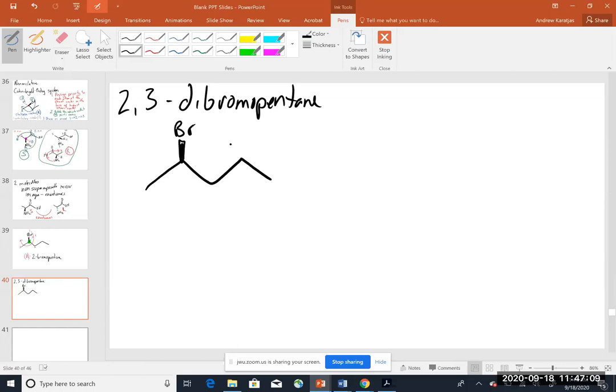And we're going to start with one of the isomers. Again, pause the video, take a couple minutes, and see if you can determine these as R and S.